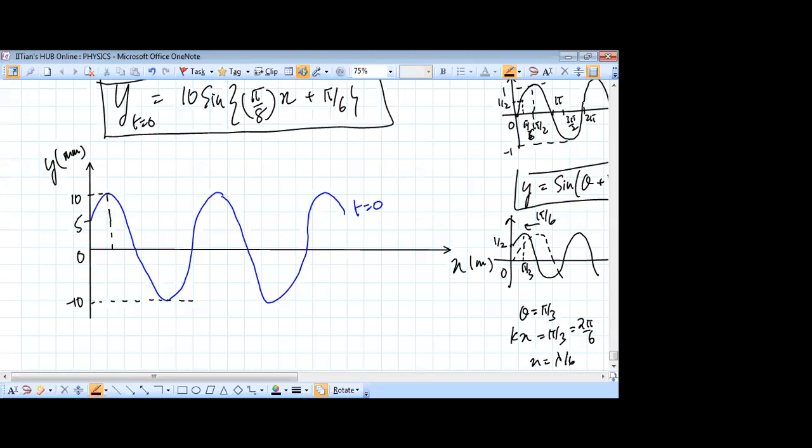If your theta is 1/6 of a full cycle, 2 pi, then x should be equal to what? 1/6 of wavelength. And wavelength we had seen was 16 meters. So this point will become how much? This point is suppose x1. X1 will become 16 by 6, okay, or 8 by 3 meters.